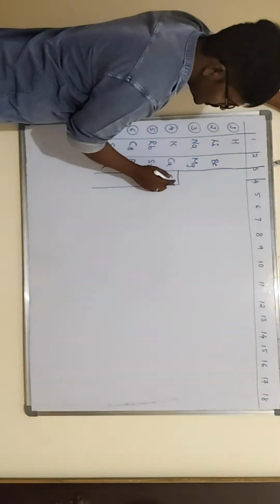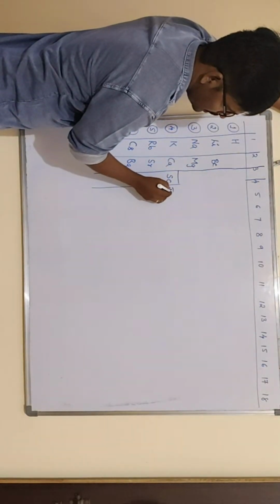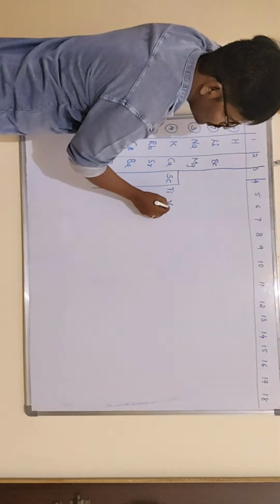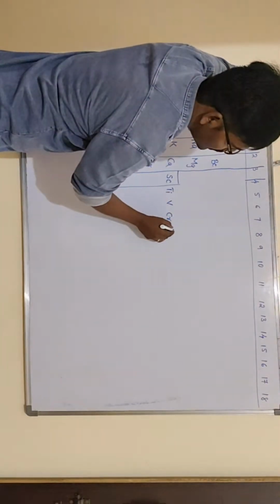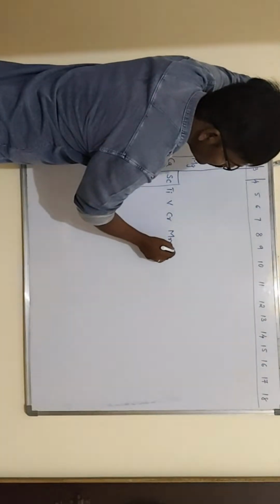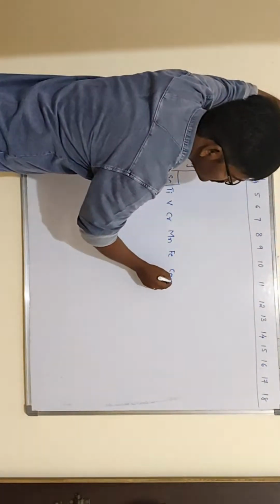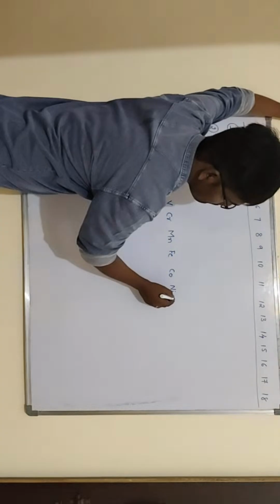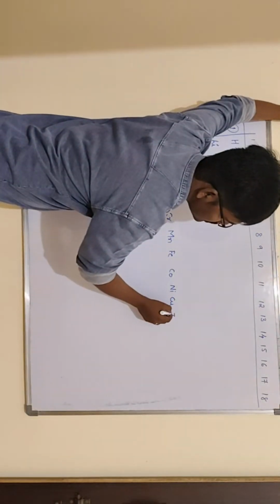Next, the fourth group: scandium, titanium, then vanadium, chromium, manganese, iron, cobalt, nickel, copper, zinc.